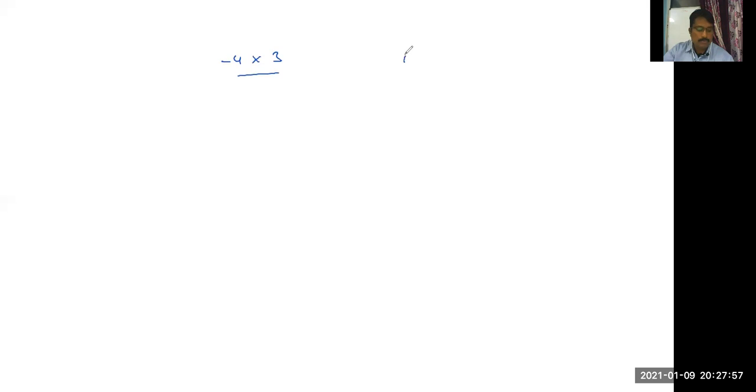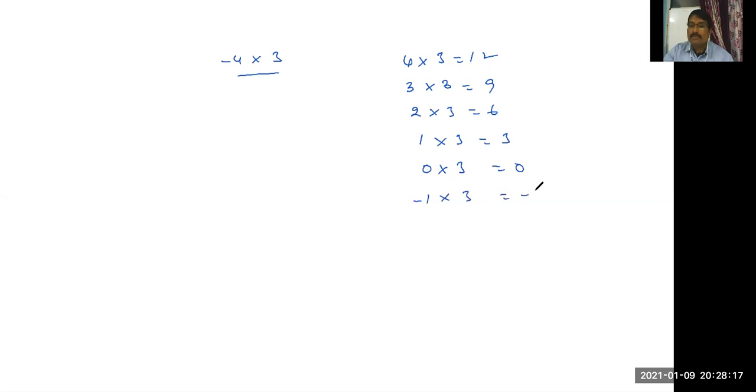So 4 into 3 is 12. 3 into 3 is 9. 2 into 3 is 6. 1 into 3 is 3. 0 into 3 is 0. Minus 1 into 3 is minus 3. Next, minus 2 into 3 is minus 6. Minus 3 into 3 is minus 9. Let me explain how it came. So minus 4 into 3 is equal to minus 12.